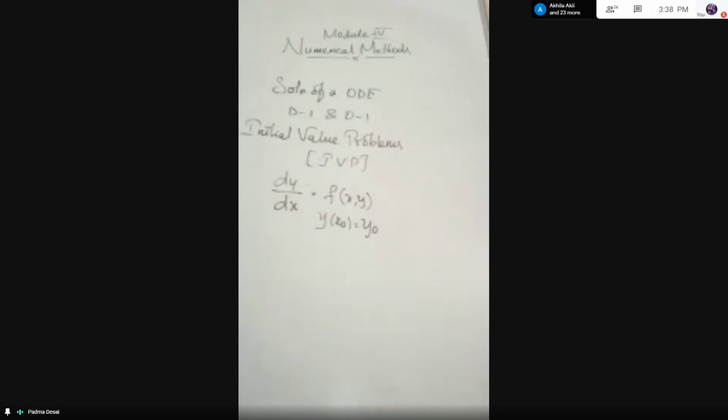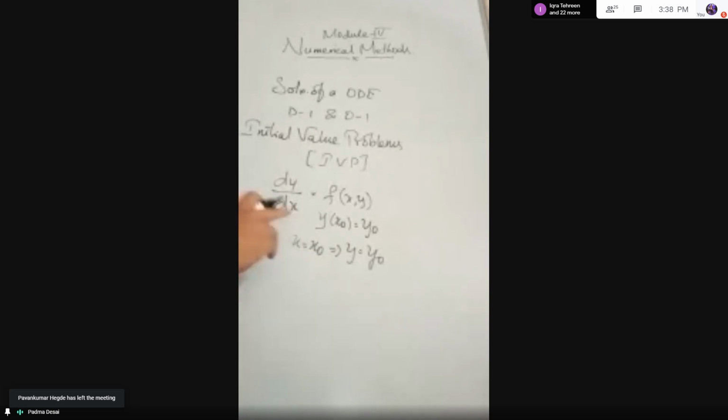Now, see, let us solve this initial value problem. That means the equation dy by dx equal to f of x comma y subject to the given condition y of x naught equal to y naught. What do you mean by y of x naught equal to y naught? When x equals to x naught, then y value is equals to y naught.